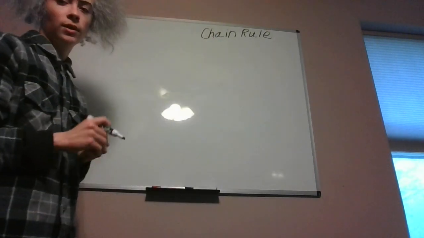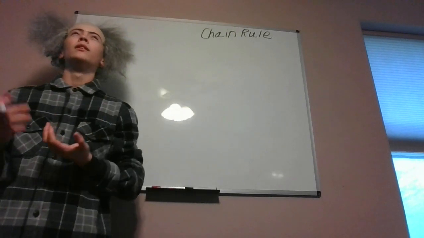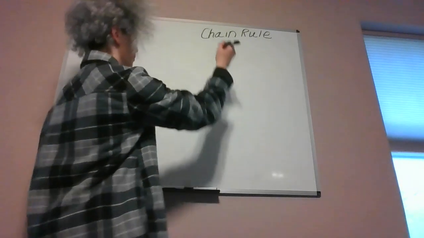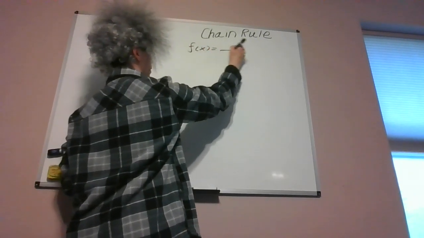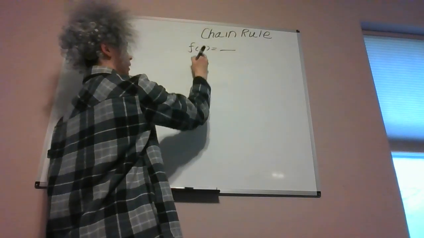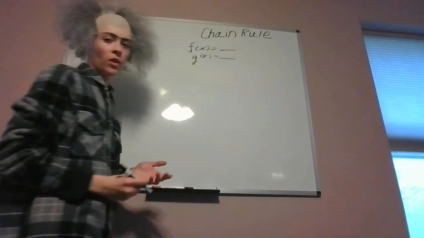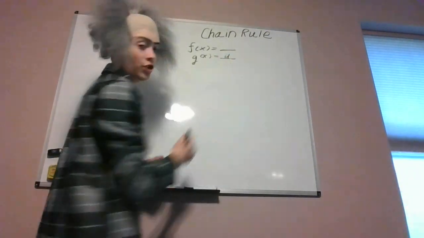So, alright, chain rule. It allows us to deal with these things called nested functions. You'll see in a second. Textbook definition. Let's say we have f of x equal to something, and g of x equal to something. Now, let's say that something is equal to u for g of x.